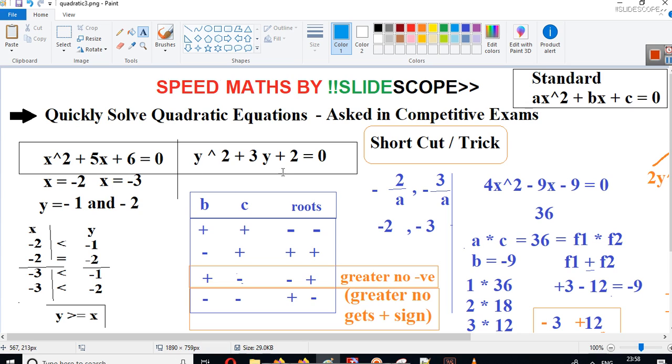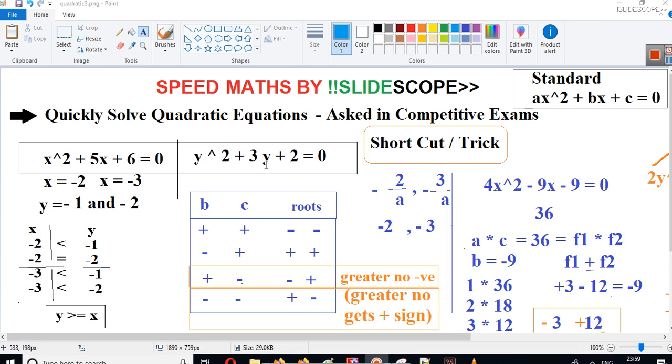So if a multiplied by c is 6, then you have to think about that particular number, by adding which we get 5 and by multiplying which we get 6. In this case also, a multiplied by c is 2, so you have to get some number here.